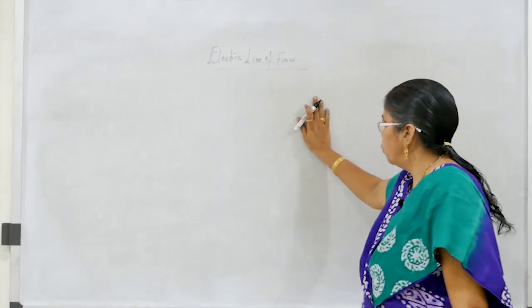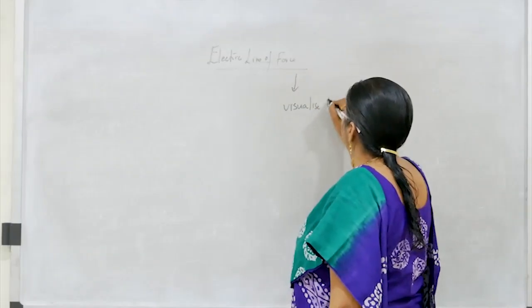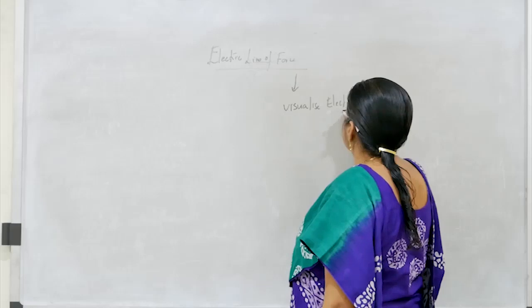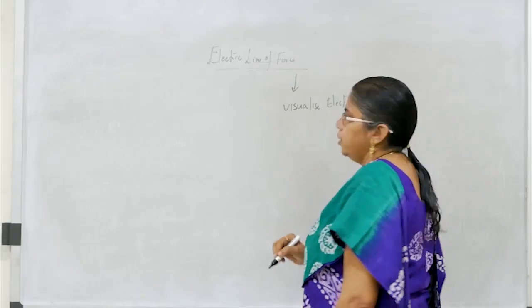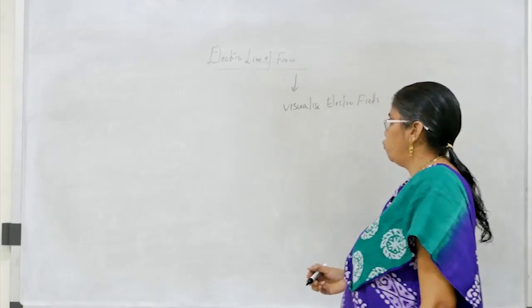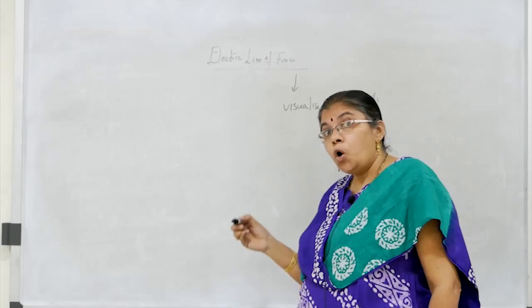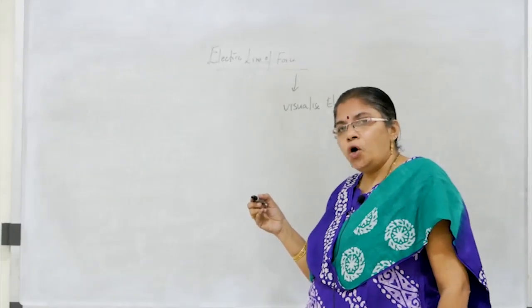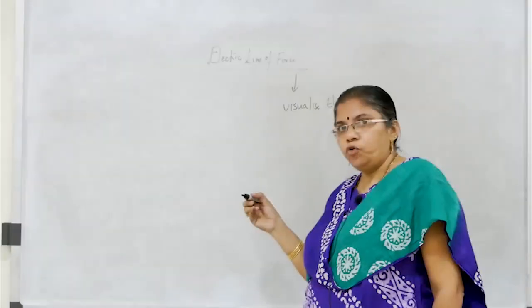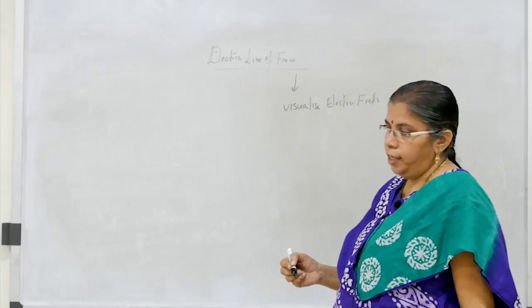Electric line of force is used to visualize electric fields. So what is the definition for electric line of force? It is an imaginary curve or line drawn in space such that when a tangent is drawn at one particular point on that curve or line, it gives the direction of the electric field.